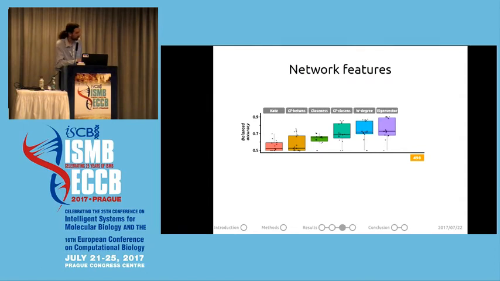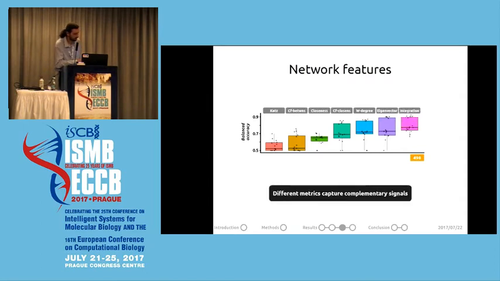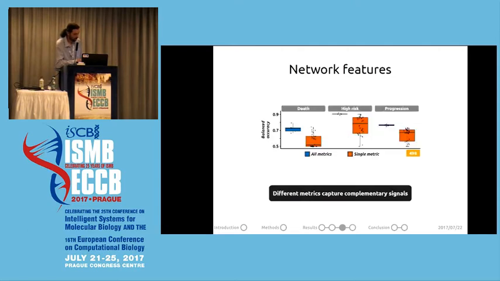And what's still very nice is that this time integrating multiple metrics still gives better performance than using the best metric, which is even easier to see when you split the data per endpoint. In blue you have using all metrics, and in orange you have using only one of the metrics.